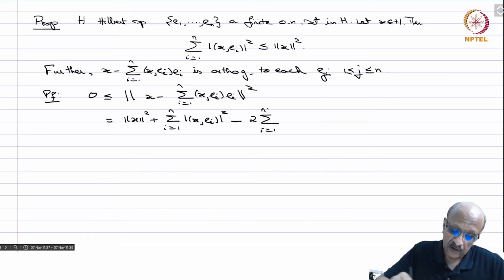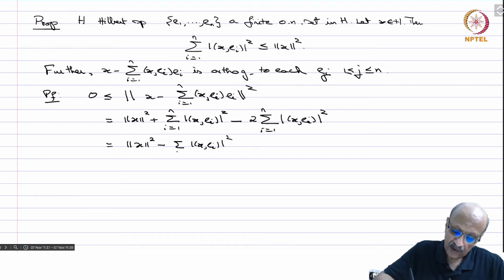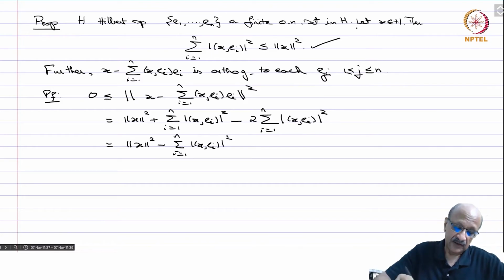So these are all the cross terms, <x, e_i>, so that is mod <x, e_i> square. Then the other cross terms will involve <e_i, e_j>, but that will be 0 because i is not equal to j, and consequently they will all not appear. So this is equal to norm x square minus the sum of mod <x, e_i> square, i equals 1 to n, and that is exactly this relationship.